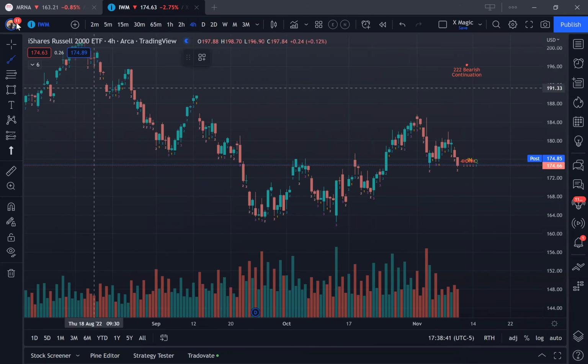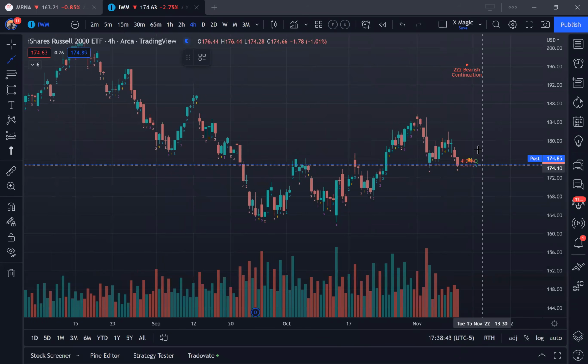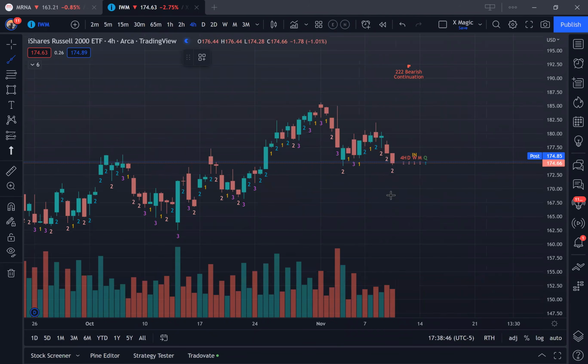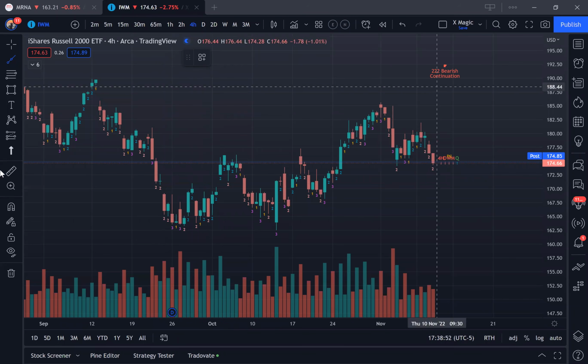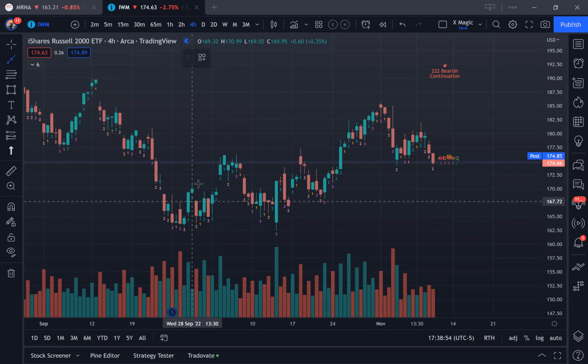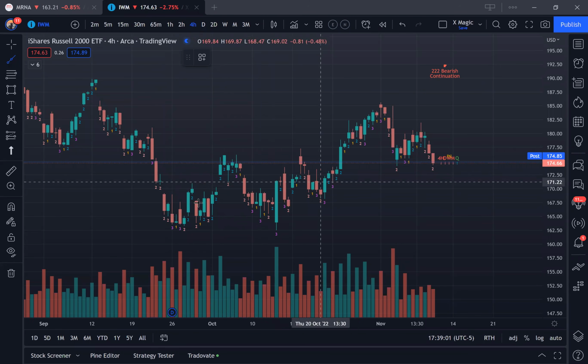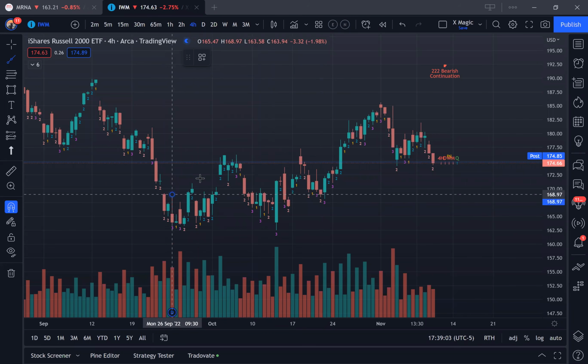So on the 4 hour for IWM, I usually start from the most recent and then keep on going back. Although sometimes I'll start from the back and go forward. So I'll start from the back and go forward just to show you guys an example when it comes to using the strat and broadening formations and how they work as support and resistance.